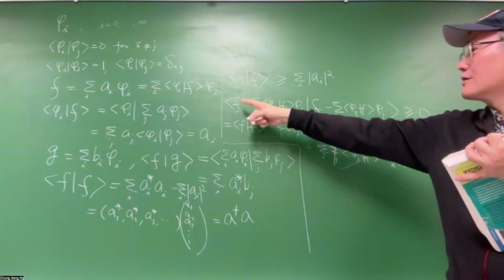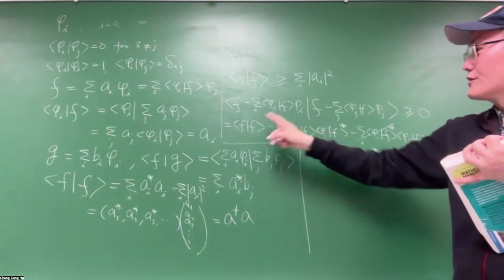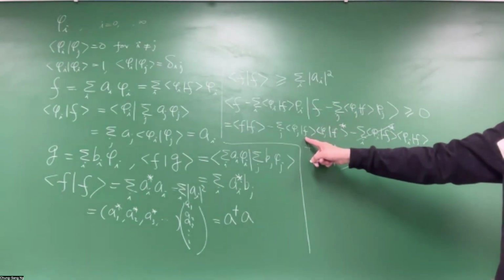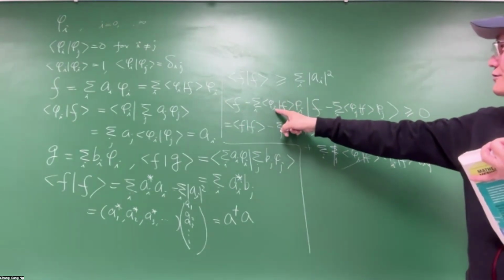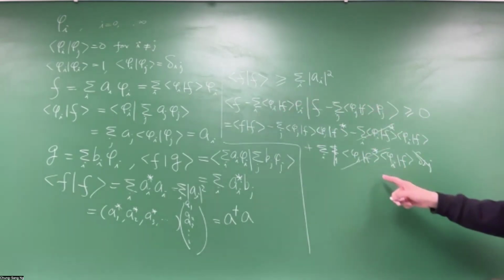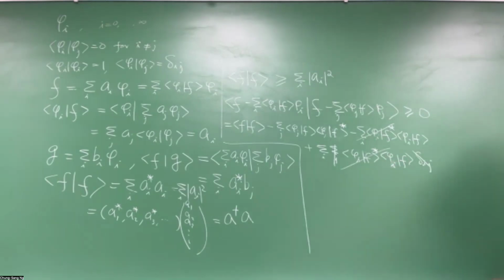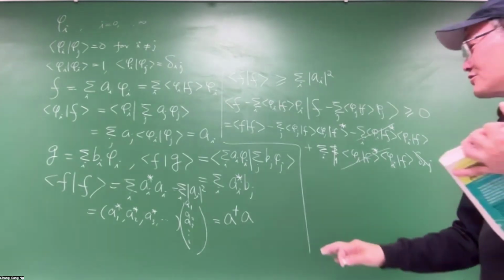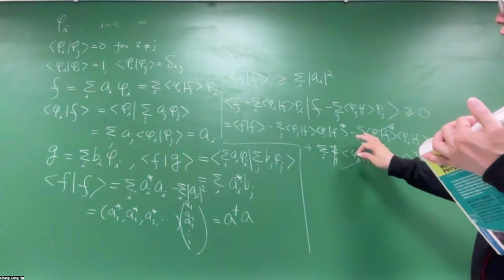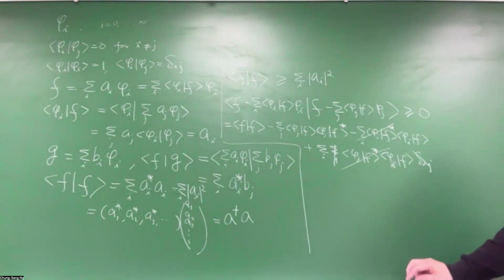The first is the first term with the first term, so f and f is this one. This one is this one with this one. The third one is this one with this one. The last one is this one with this one. Altogether you have four terms, and it's just to show that there is a cancellation. Once you have the cancellation, you get the Bessel inequality. Is that okay?